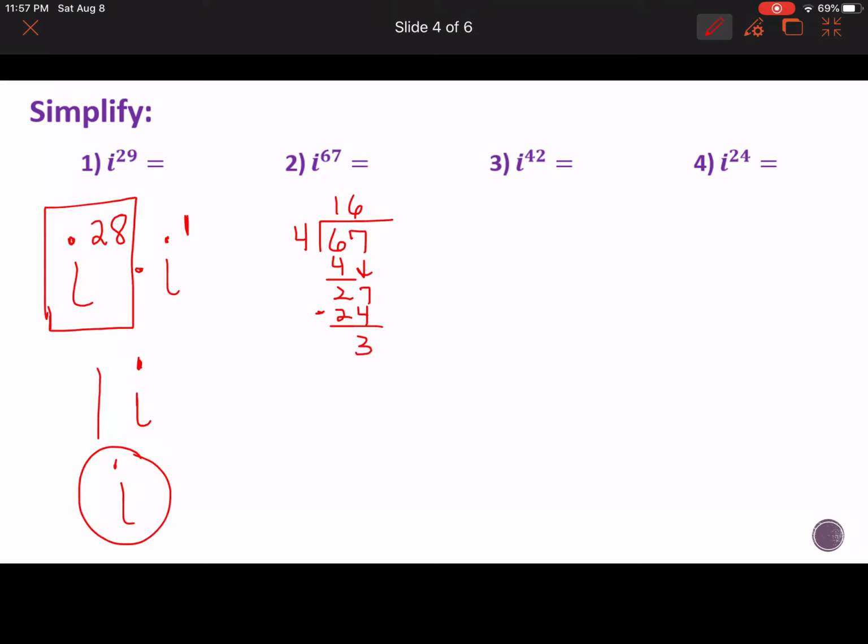Okay, so because it goes in there 6 times, 4 times 16 is 64. So if I break this down to i to the 64 times i to the 3, again, this is a factor of 4, so that's going to be 1. And we already know that i to the power of 3 is equal to i squared times i, or negative i. So our answer is negative i.